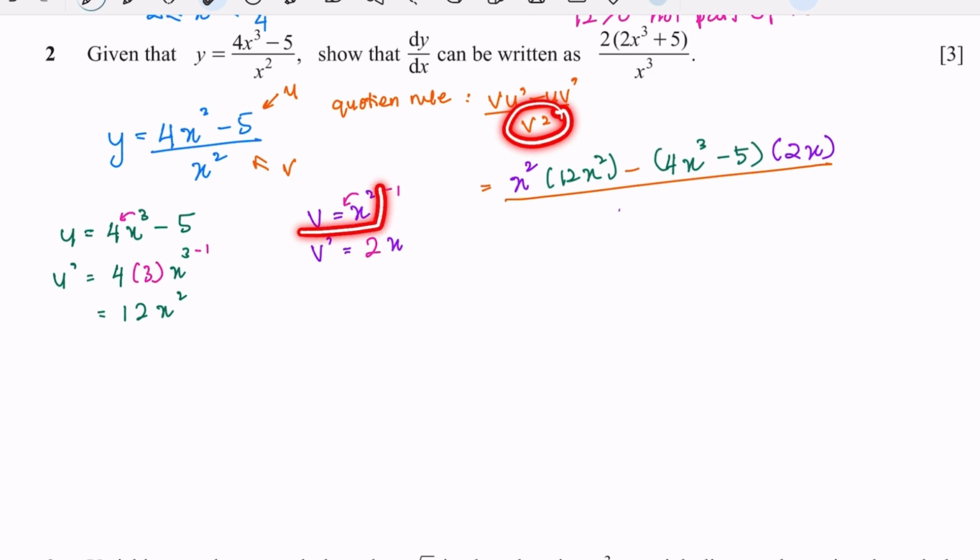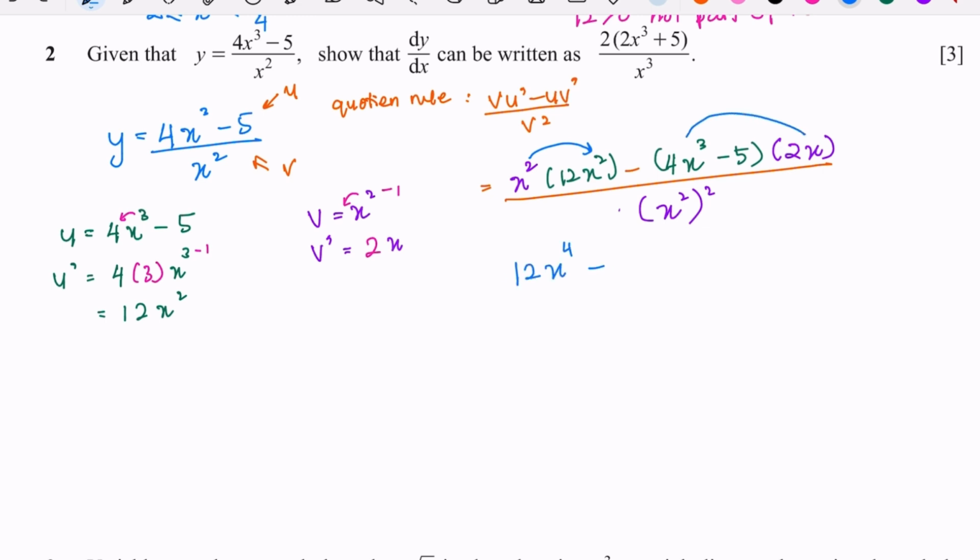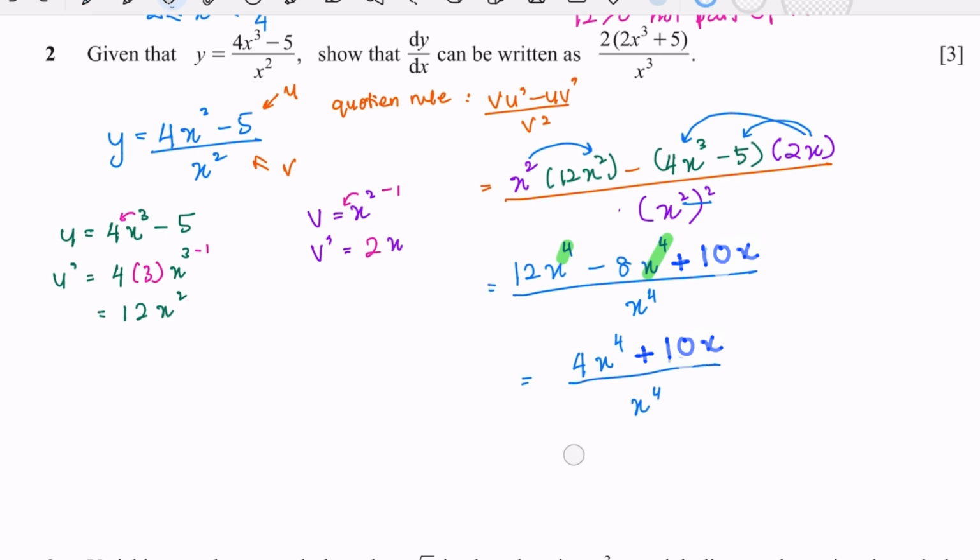That would be this one. x squared, x power 2 times x power 2, 12x power 4 minus 2x times 4x, that is 8x power 4, 2x times negative 5 over x power 4. Now, let's simplify this to match this form.